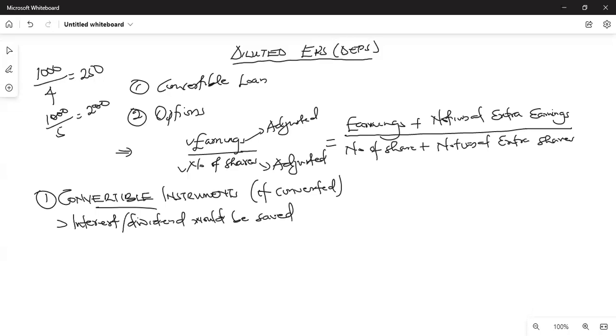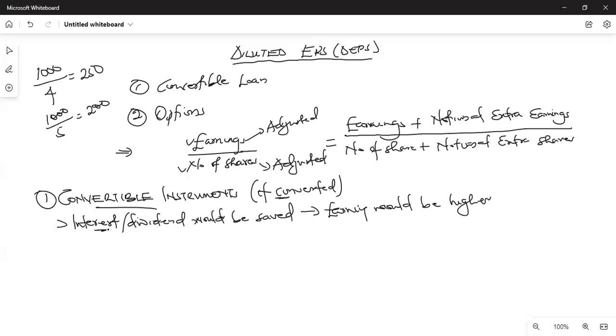You get some interest savings, which we will later adjust for tax. When this happens, earnings will be higher. What we mean is that if they convert, we will no longer be paying the interest.